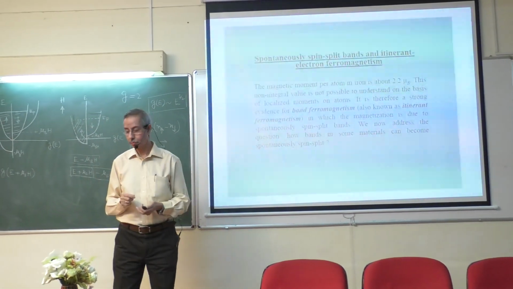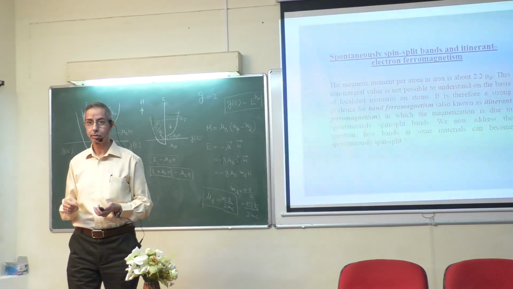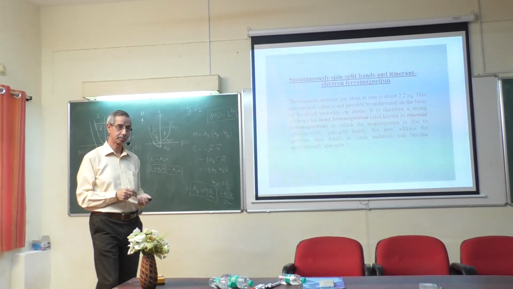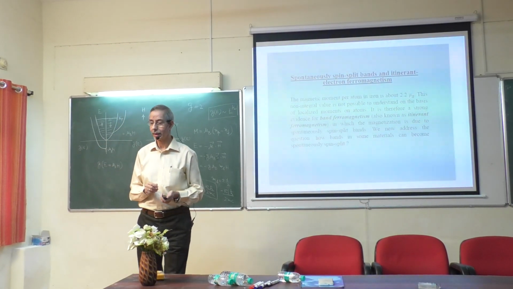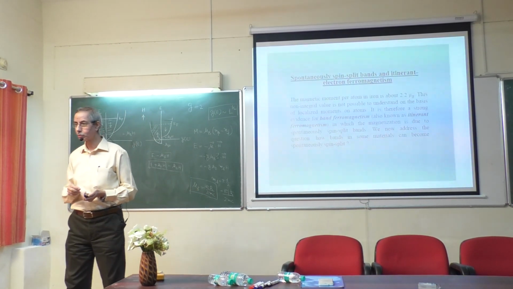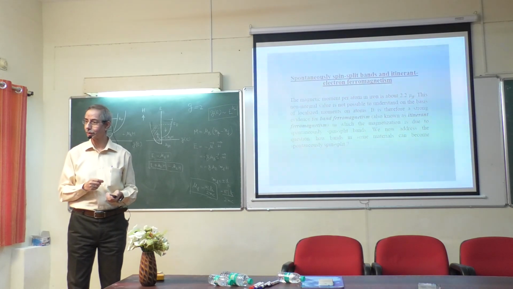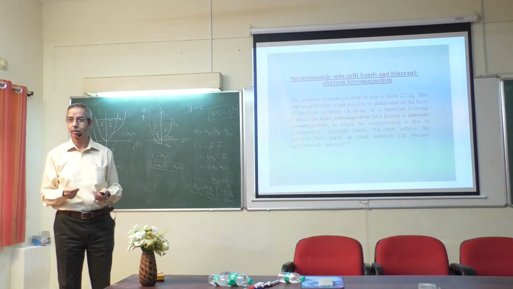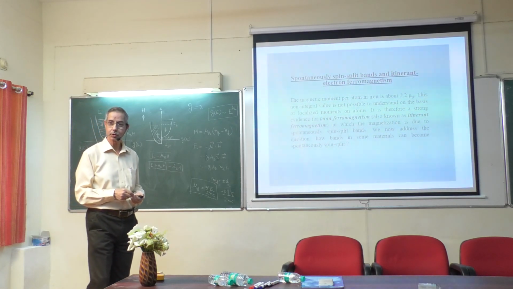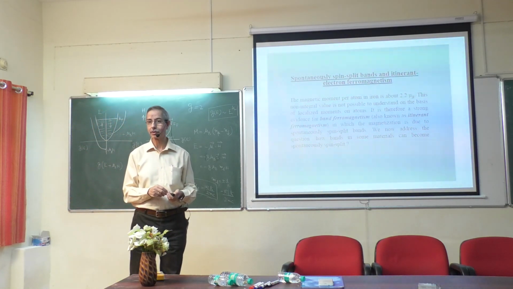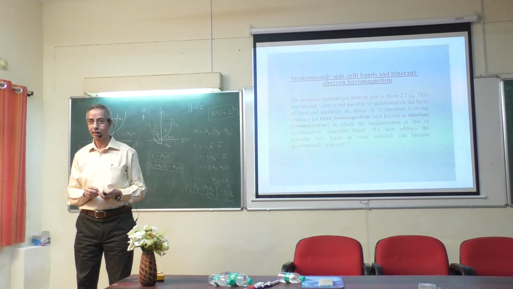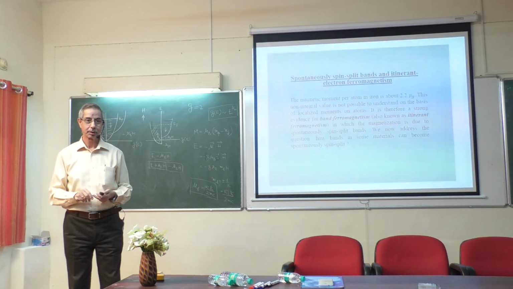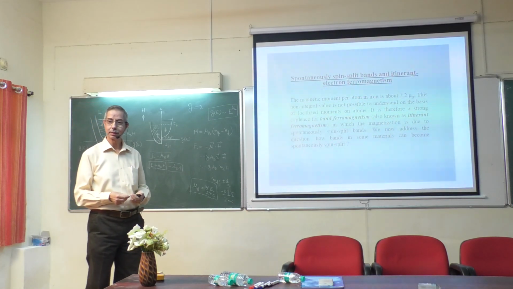Now, this is one very important thing. As I was telling you, things are not that easy, especially when you are dealing with itinerant magnetism. As I said, there are very few textbooks on itinerant magnetism, because it's not a simple concept. Most people have used what is called the localized spin picture, or Heisenberg model, who gave the concept of exchange interactions.